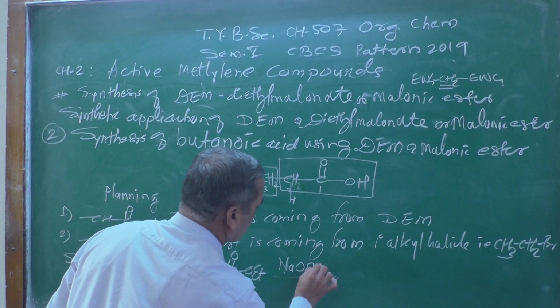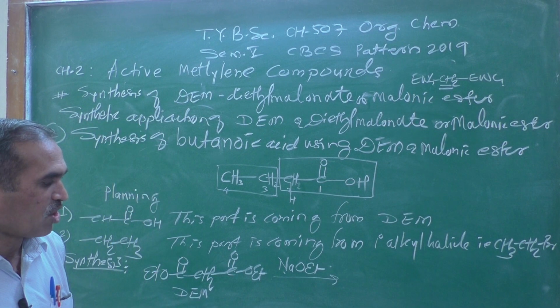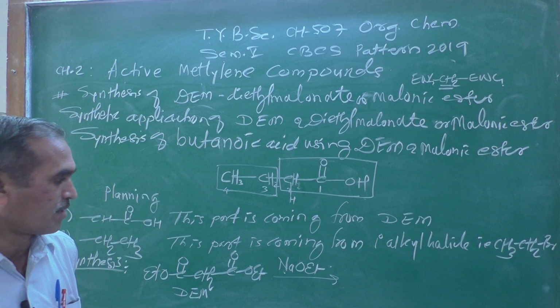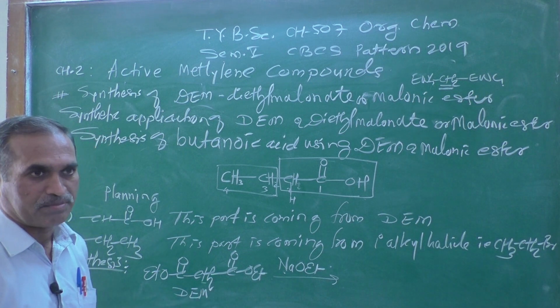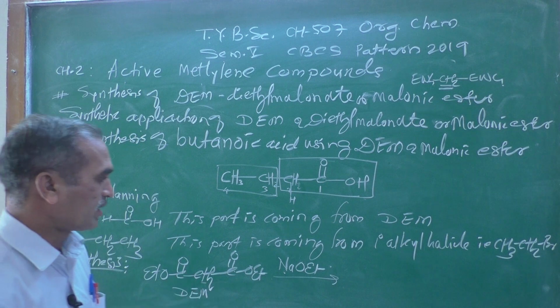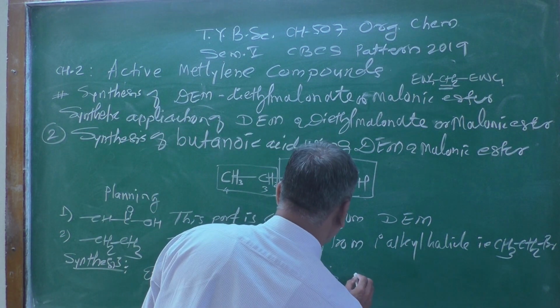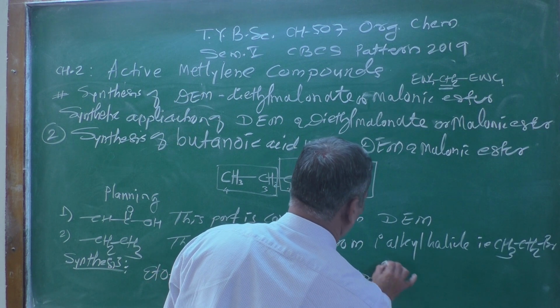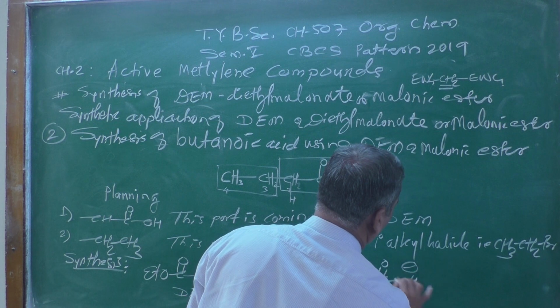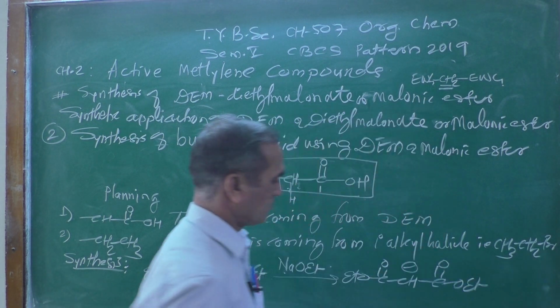usually a base like sodium ethoxide, which can abstract the highly acidic proton. Here the methylene protons are highly acidic in nature, and therefore we are going to get EtO, C double bond O, CH minus, then C double bond O, OEt.